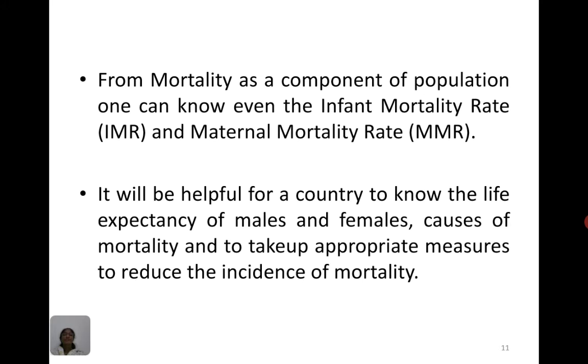It will be helpful for a country to know the life expectancy of males and females, causes of mortality, and to take up appropriate measures to reduce the incidence of mortality.